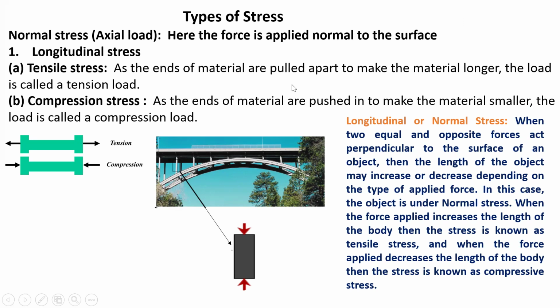Coming to the engineering level, we need to know these kinds of things: normal stress, longitudinal stress, compression stress, tension and so on. You can see it here at the bridge. This is again self-readable if you know class-level physics.